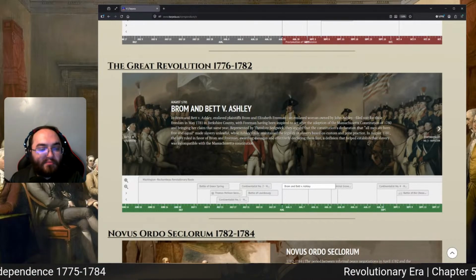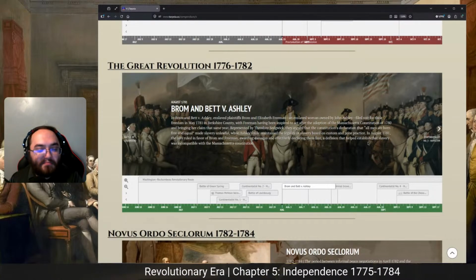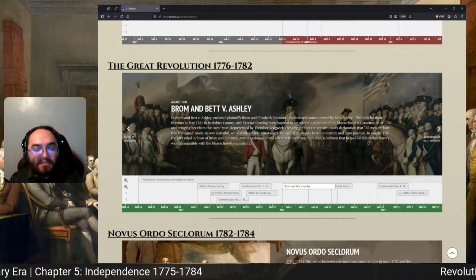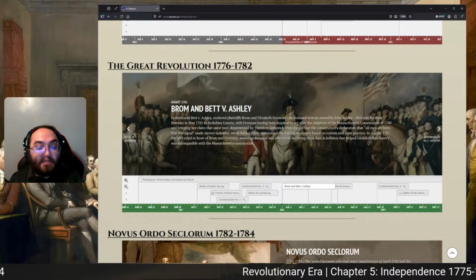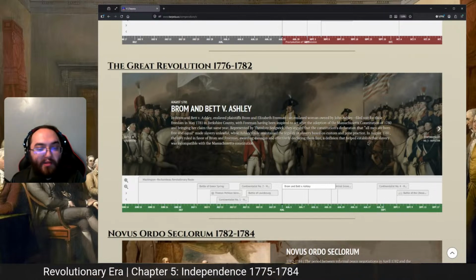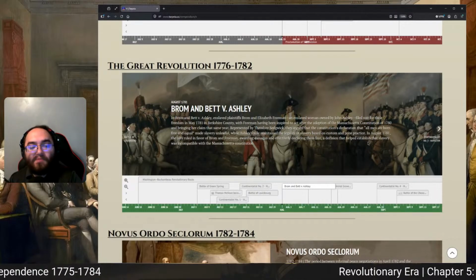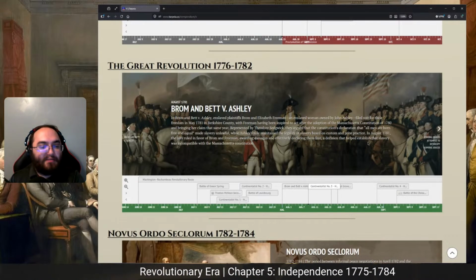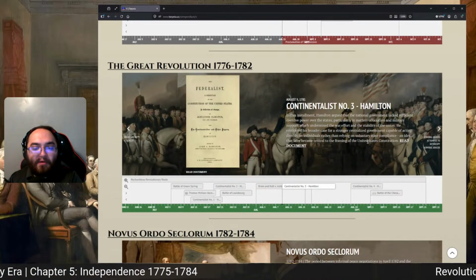They claimed that not just the Declaration of Independence, but also the state's constitution, which said that all men are born free and equal, means that slavery is unlawful, and the court will side with the slaves and free them. So again, the idea that the American Revolution was fought to preserve slavery is just simply not true. And you have Continentalist number 3 by Hamilton.